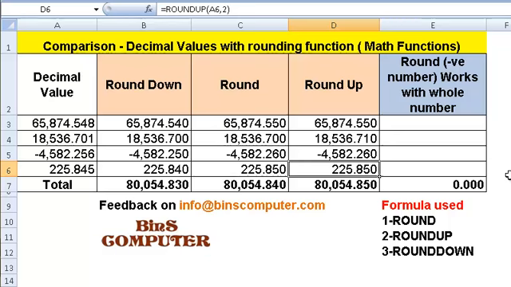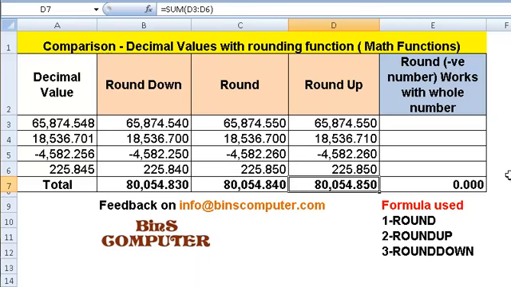Now see, all three functions are rounding the values, but in totality of the number, we are getting different values. Here we are getting .830, here we are getting .840, and here we are getting .850.